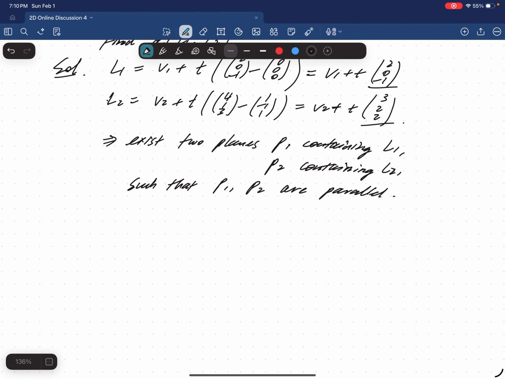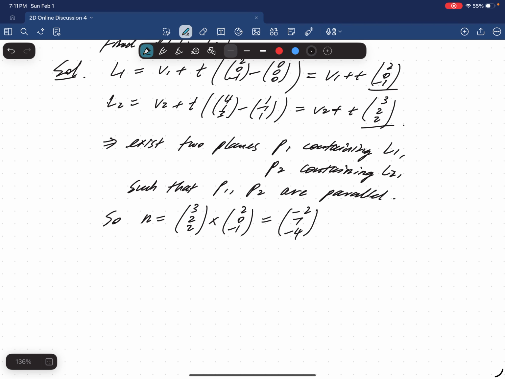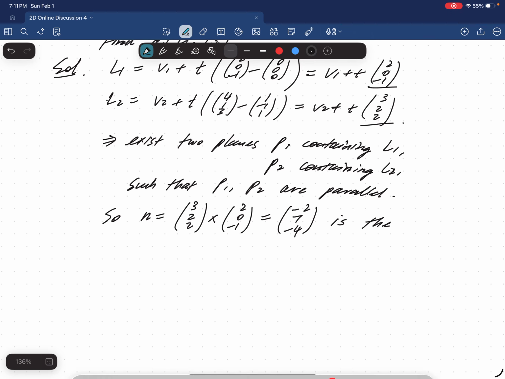So n equals (3, 2, 2) cross (2, 0, -1), which equals (-2, 7, -4). This is the common normal of P1 and P2.